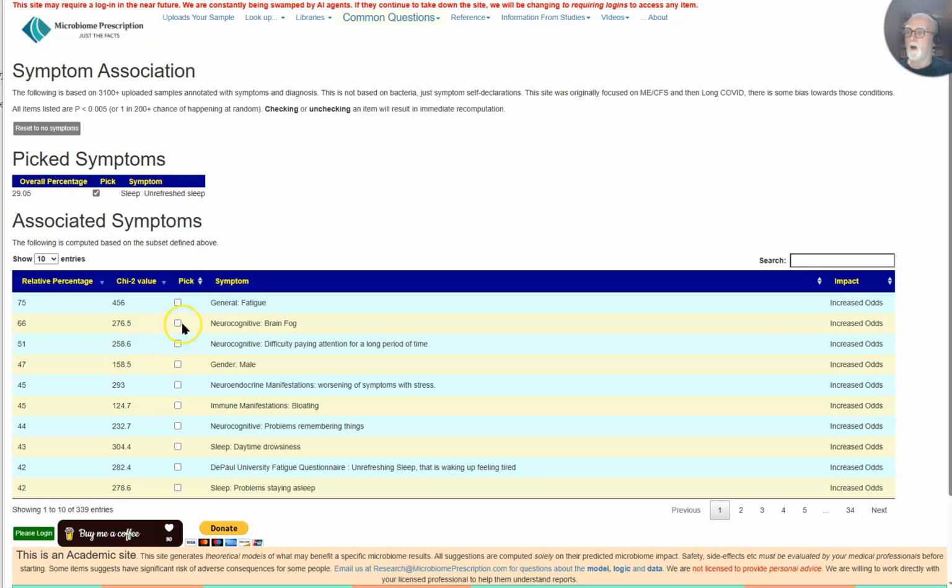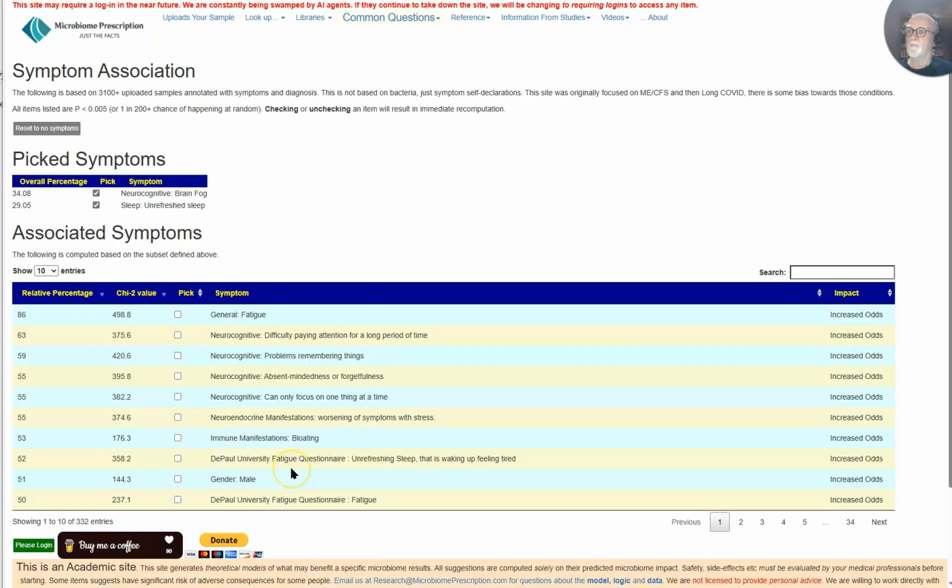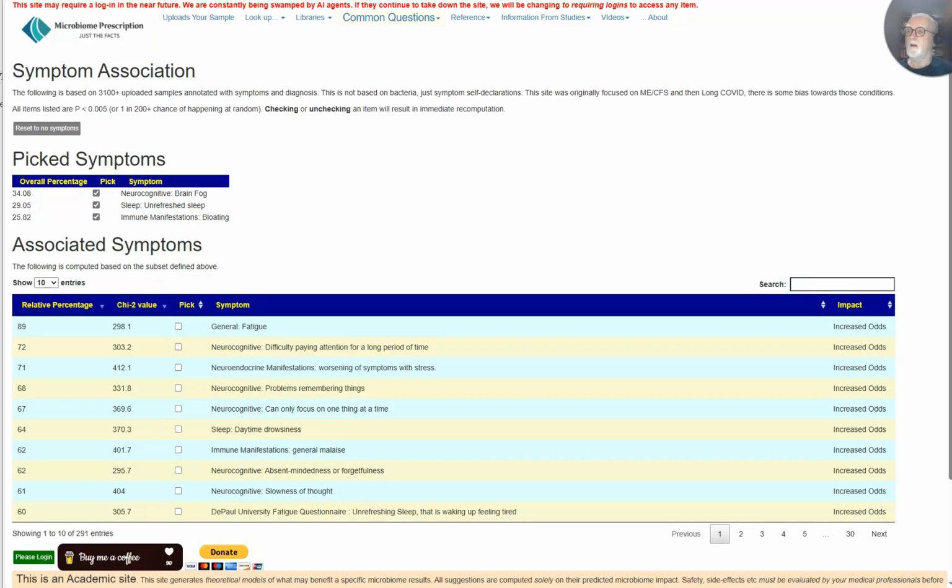Unrefreshing sleep, for example, brain fog, and then we see everything, general fatigue, and a bunch of these are typical for brain fog, but bloating doesn't happen as often. The odds are about 50%.